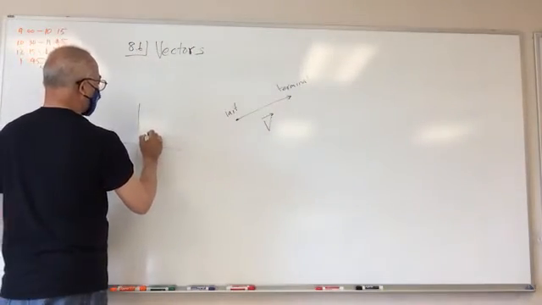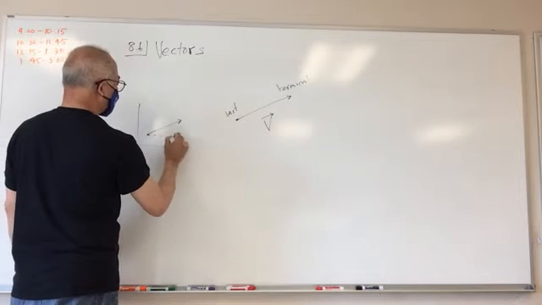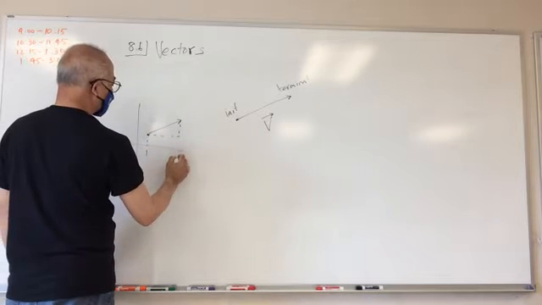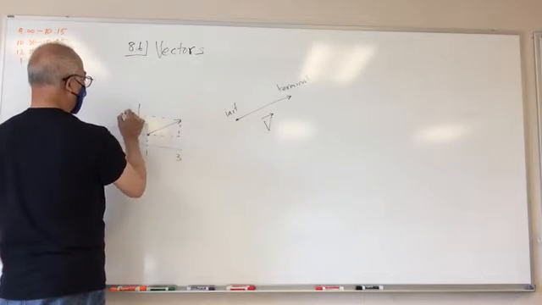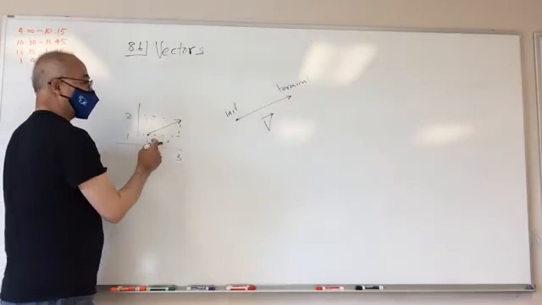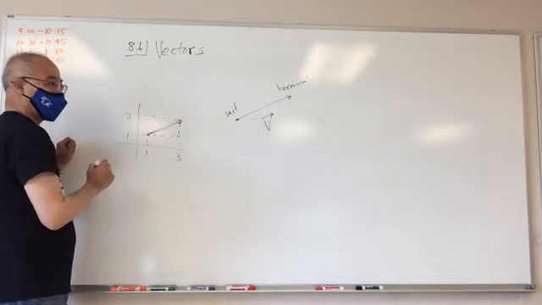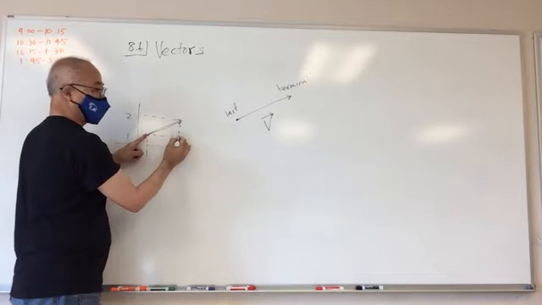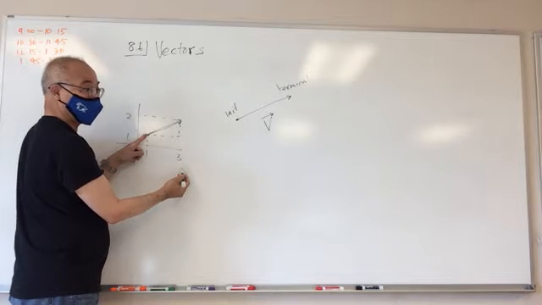let's say I started here, and I have a vector that looks like this. And this was 1, this was 3, 1, 2, whatever. So it goes from here to here, right? In order to travel from here to here, how much did it go in the x direction? 2, right?